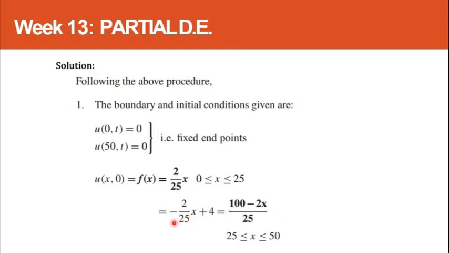This negative 2 over 25 x, we just divide into the denominator so they're the same: 25 divided by 25 and then times 2, and the same here, 25, so we got the value 100 minus 2x over 25. And the range based on this is 25 less than or equal to x less than or equal to 50, so the range is from 25 to 50.